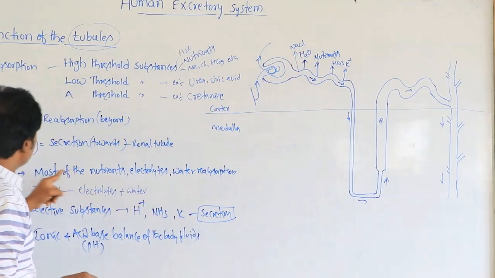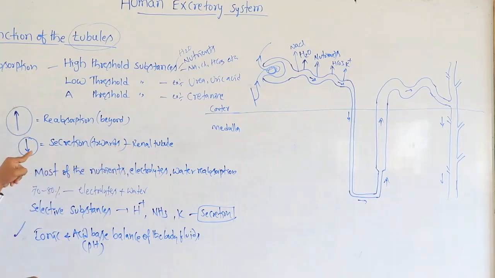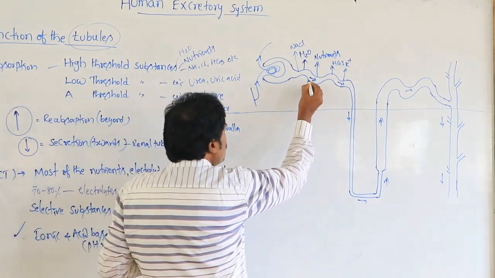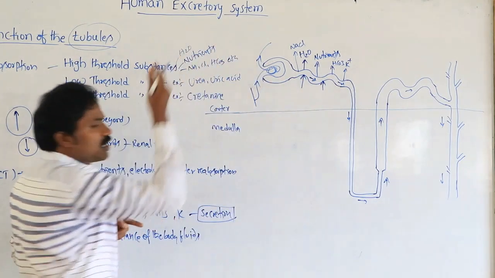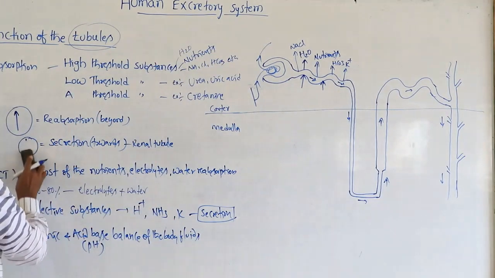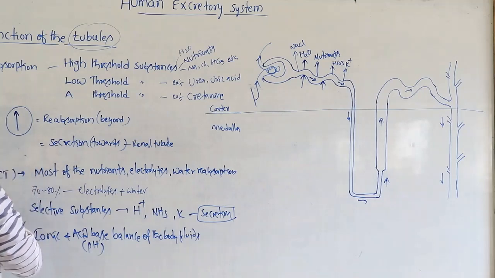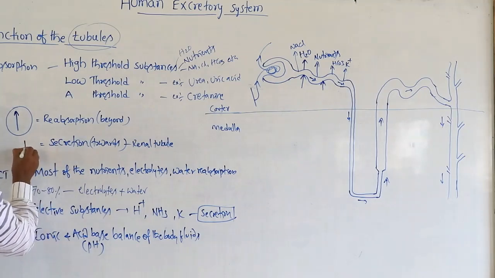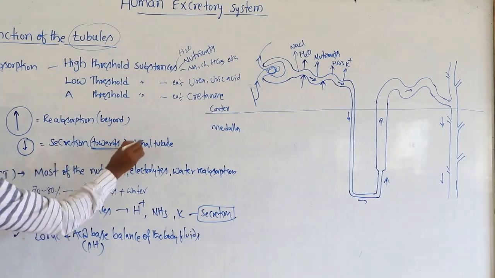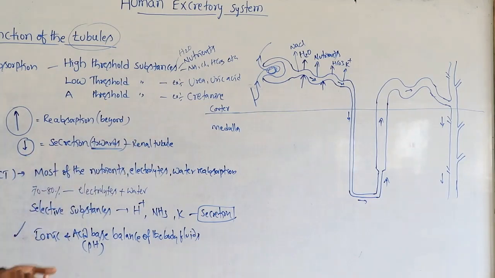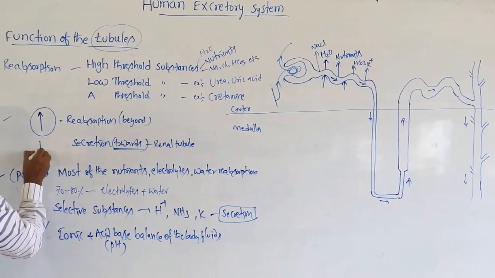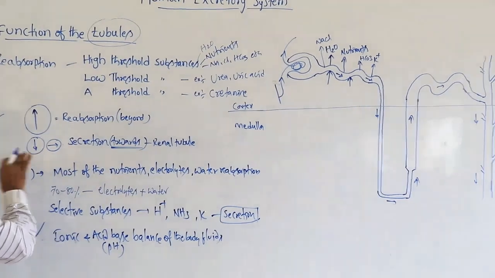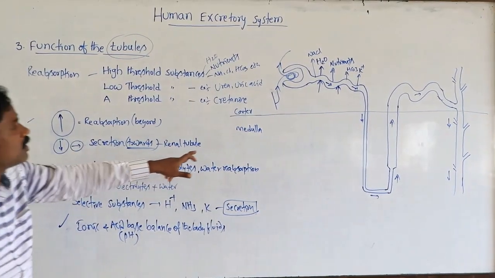Whatever substance has the arrow mark towards the renal tubule, whatever the direction we have drawn, if it is towards the renal tubule, we call that secretion. That depends on the angle, but whatever is towards the renal tubule is what is very important.